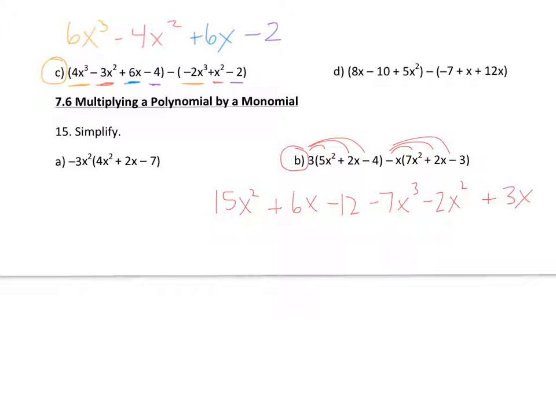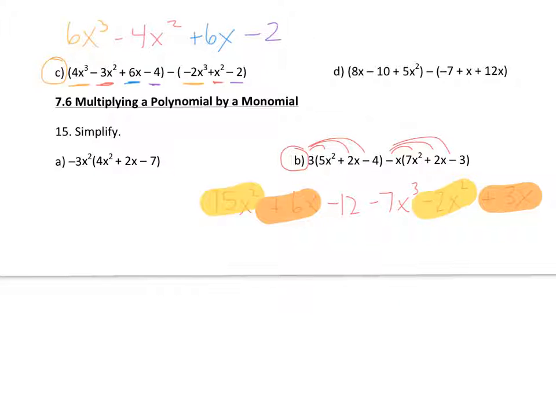Now I'm going to combine like terms. So let's see what we have here. I have 15x squared minus 2x squared. I have 6x plus 3x, and I have no other like terms.